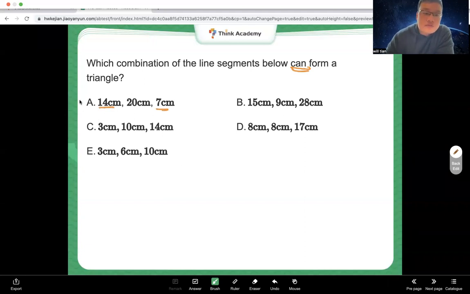It's longer than 20. Of course, A is correct. What about B? 15 plus 9, that'll be 24. Smaller than 28, not a triangle. 3 plus 10, 13, less than 14, not a triangle. 8 plus 8, 16, less than 17, not a triangle. 3 plus 6 is 9, less than 10, it cannot be a triangle. So the answer is just A, okay?